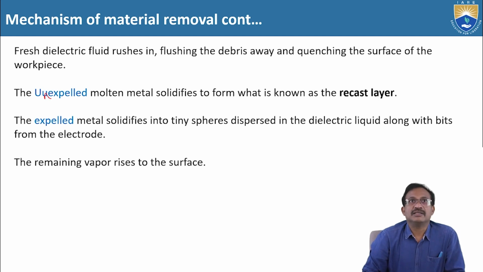The unexpelled molten metal solidifies to form what is known as the recast layer. The expelled metal solidifies into tiny spheres dispersed in the dielectric liquid, along with beads on the electrode. The remaining vapor rises to the surface.